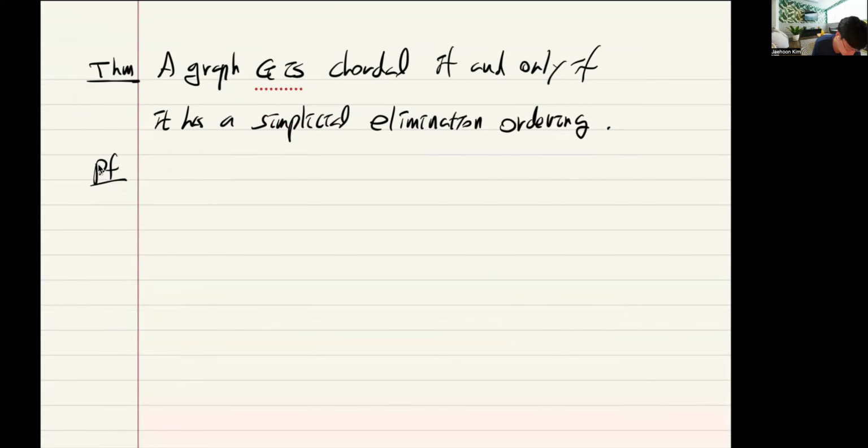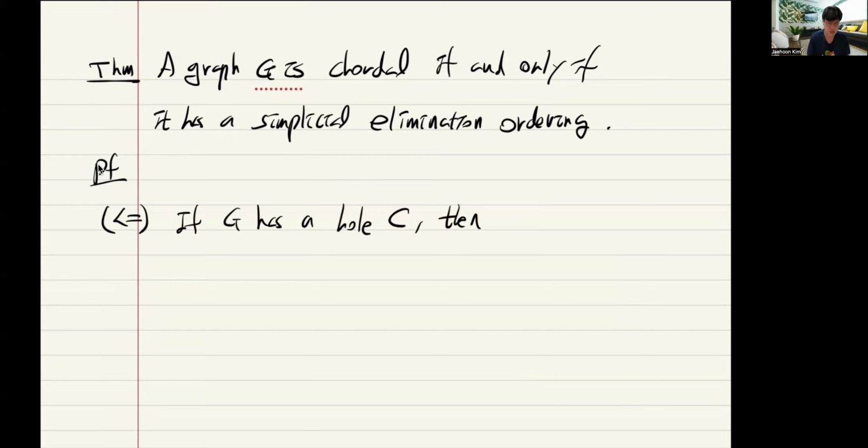Okay. Let's prove this direction first. So take the contrapositive. If your graph is not chordal, if G has a chordless cycle C, then some vertex in this C must be deleted first.